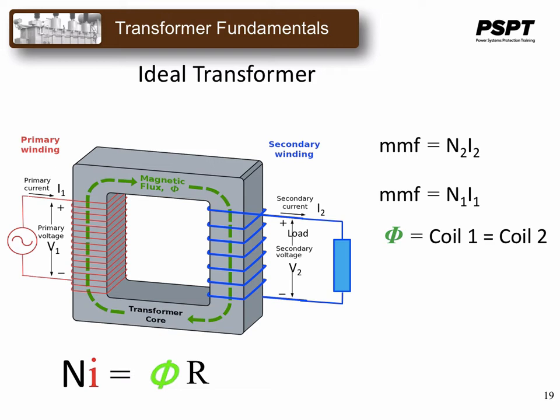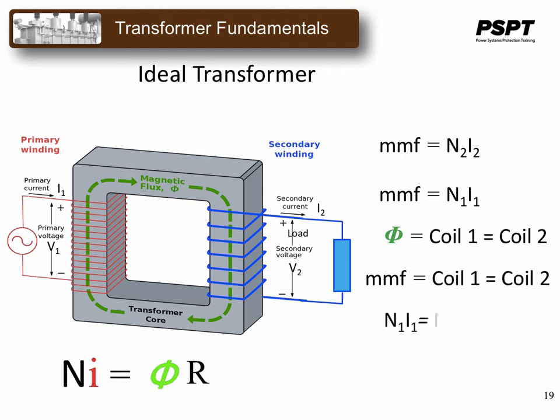The flux linking the two coils, phi, is equal, because we have the same amount of flux in the primary coil as we do in the secondary coil. And the MMF, or the magnetomotive force, is equal in both the primary and the secondary coils.